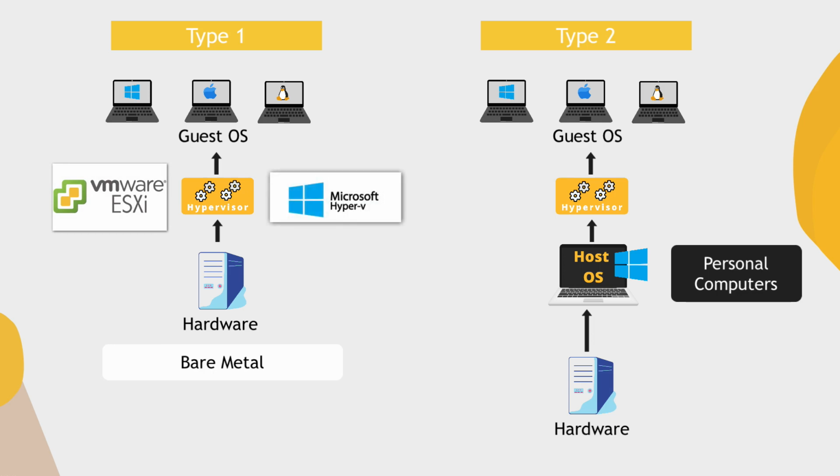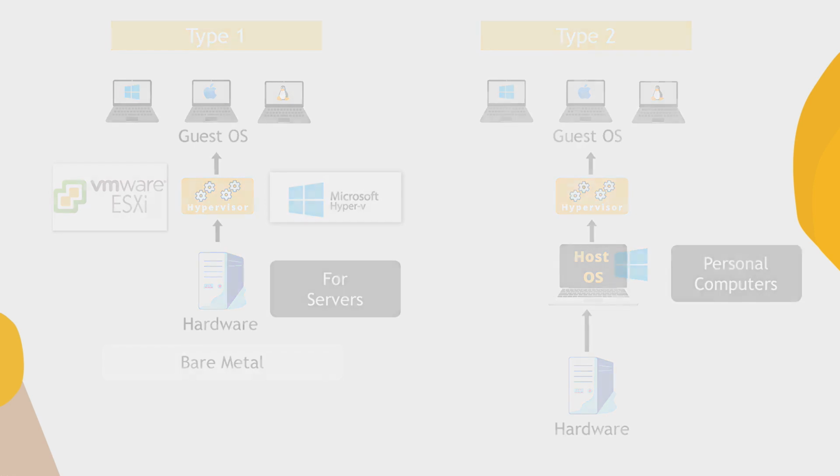And once installed, basically the concept is the same as with type 2 hypervisors. You basically just install any operating system on top of it. So for big servers, you'll have one physical server with a bare metal hypervisor installed on it, and then you would have multiple virtual machines running on that hypervisor, all sharing the same hardware resources.